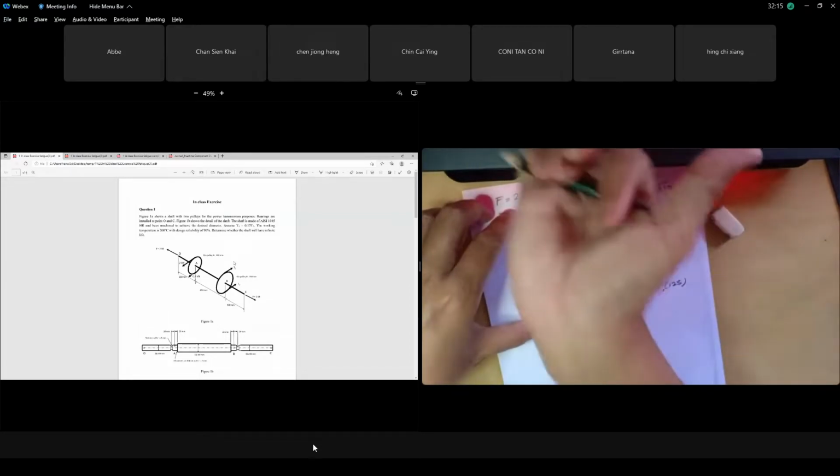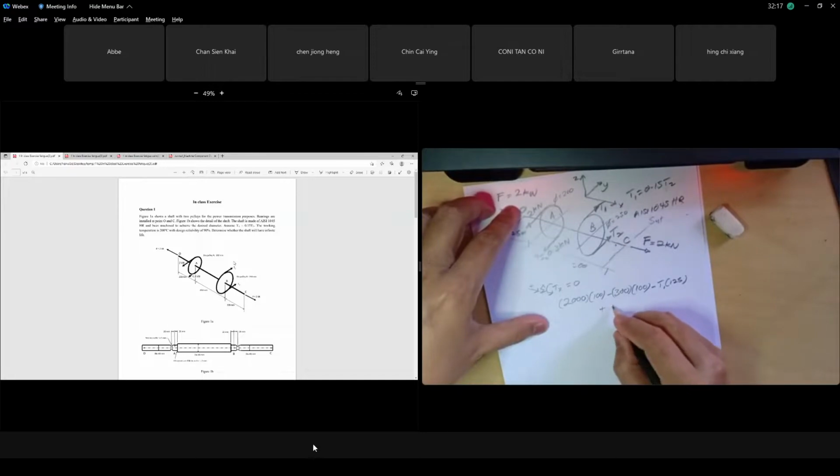Then T2 produces positive, so plus T2 times 125 equals 0.